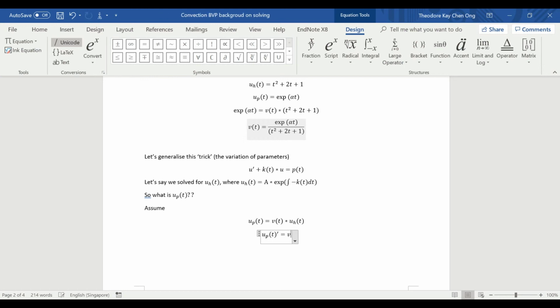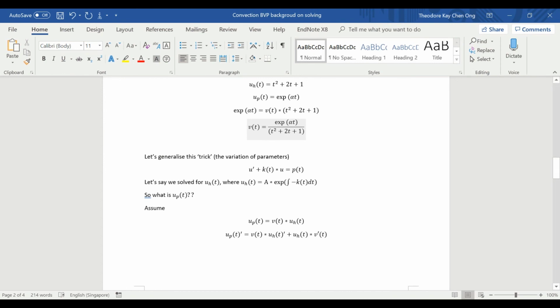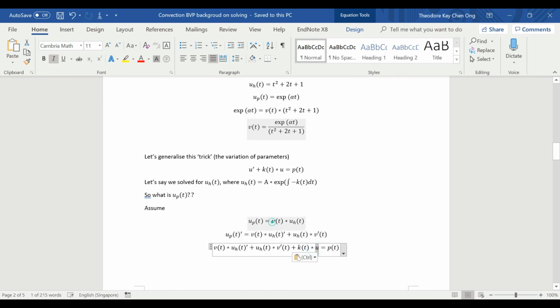Then we'll just need to apply the chain rule here: u_h'(t) v(t) plus u_h(t) v'(t). Okay, so you can see it's going to be slightly long, so let's put it down here. Let's fit all this in, and u will just be this.